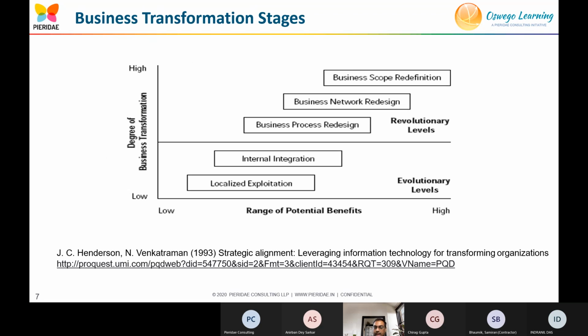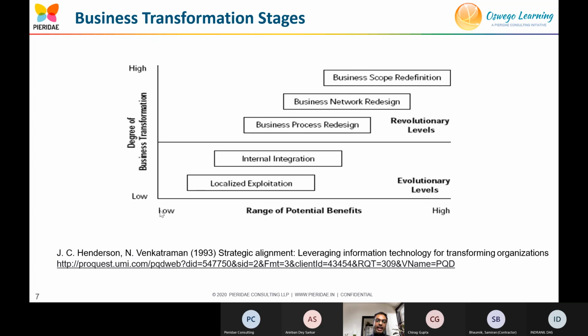Let us see this slide. So for any organization, there are certain stages of transformation, right? And there are some perceived benefits out of these stages. So in the x-axis, I have a range of potential benefits. The more I go this side, my benefit is higher, and this side the benefit is lower.